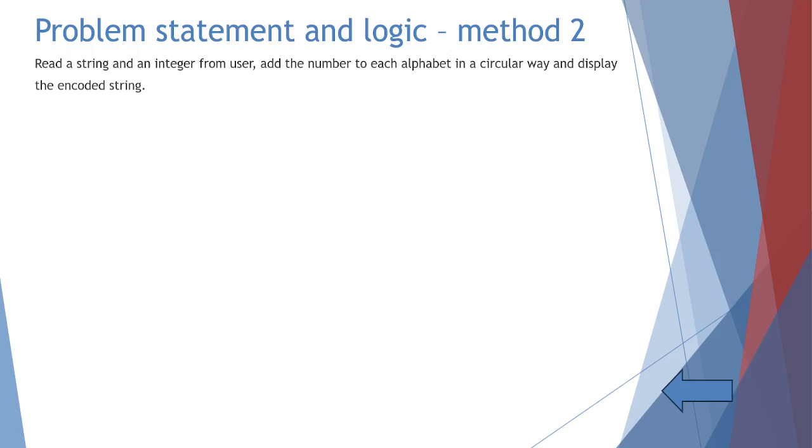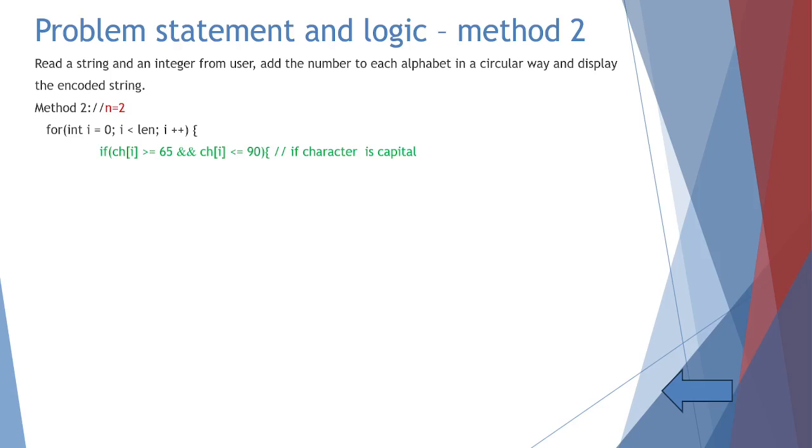Now that we have seen the problem in method 1 logic, let's see the problem statement and logic of method 2. Read a string and an integer from the user, add the number to each alphabet in a circular way and display the encoded string. So we read and all those things, but let's assume n is 2. For loop we are taking starting from i is 0, i less than len.